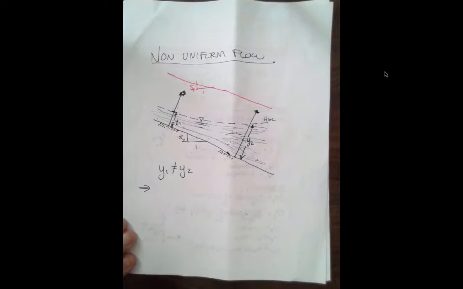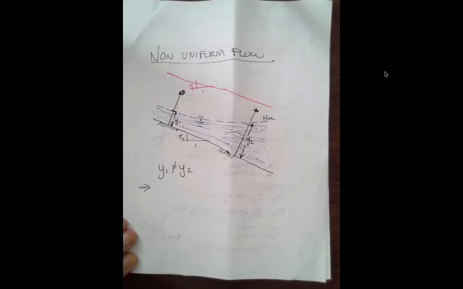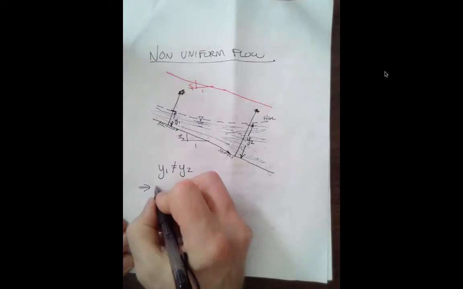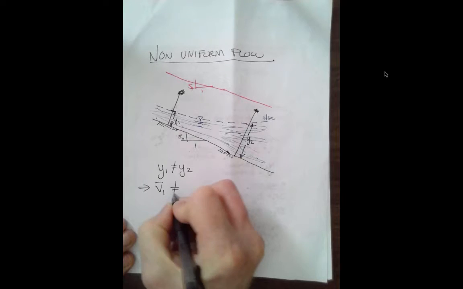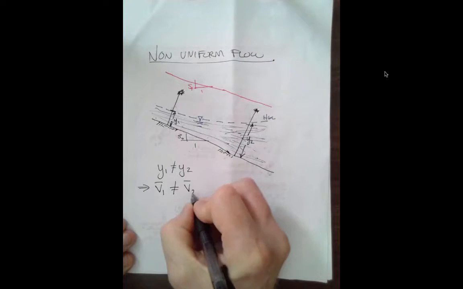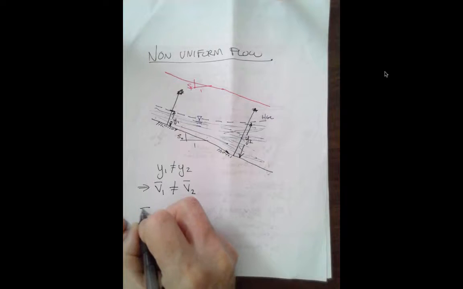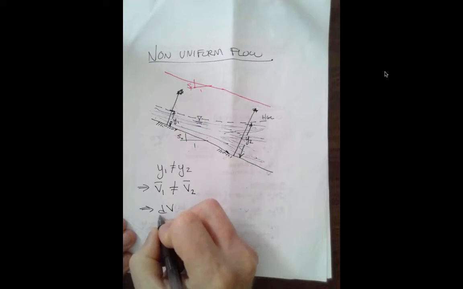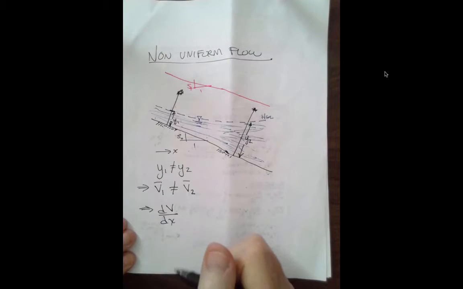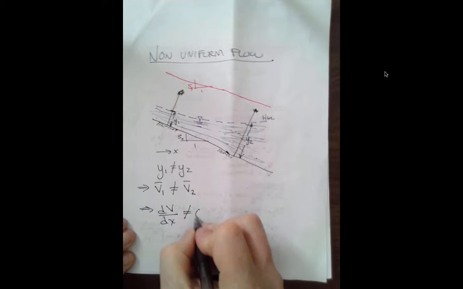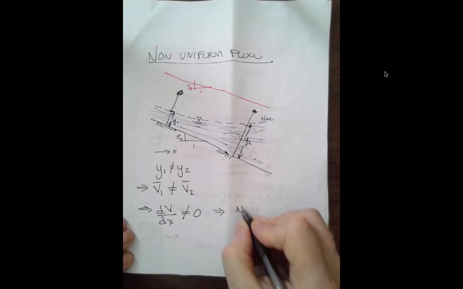That would imply, for at least a prismatic cross-section, such as a rectangular channel, that the mean section velocity 1 is not the same as the mean section velocity 2, and that would imply that dV/dx, again using that as the x direction, is no longer 0. That's non-uniform.